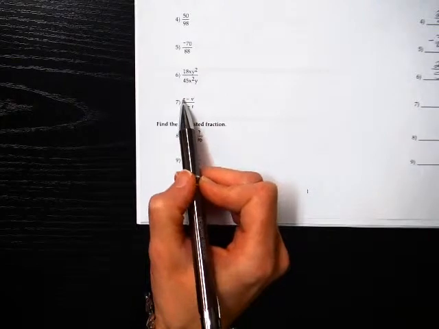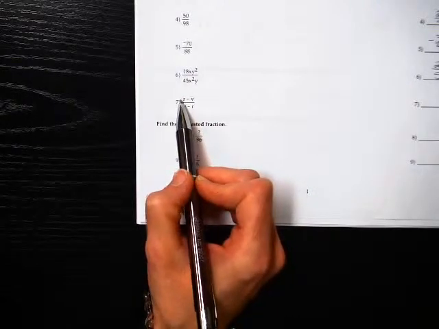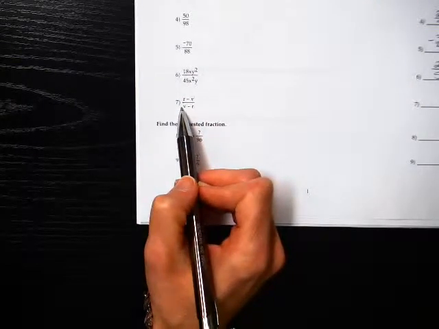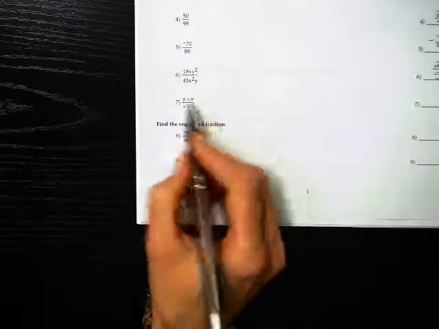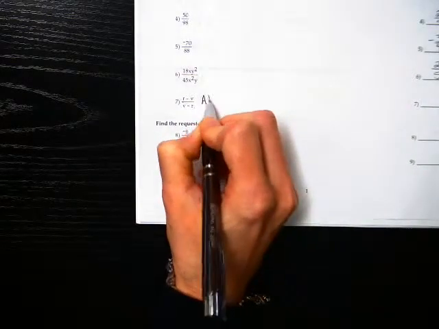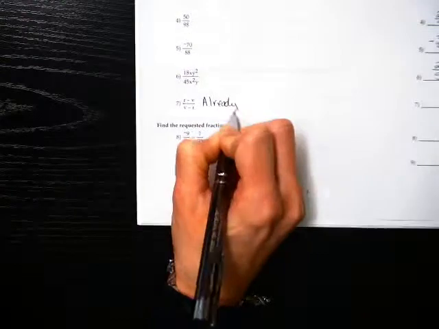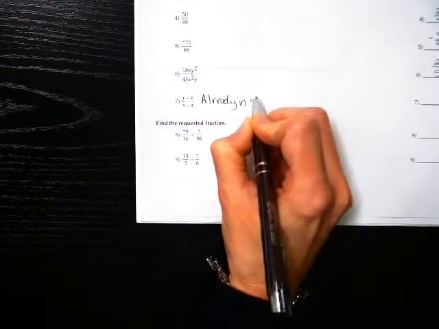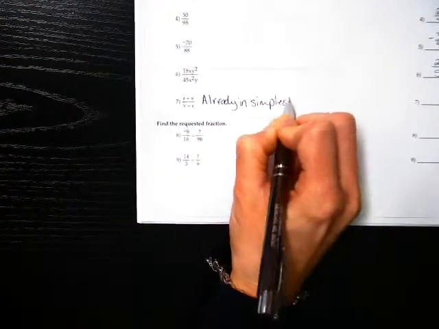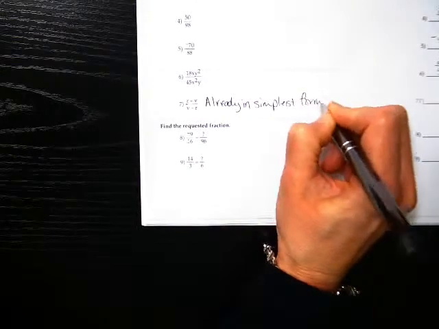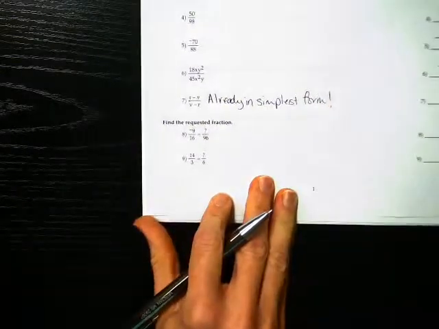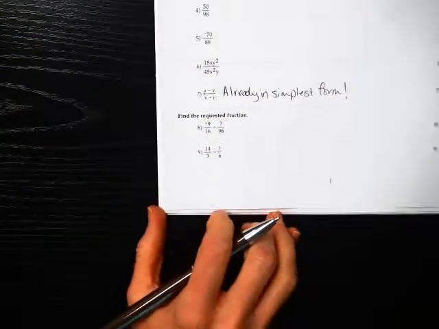I would have had to have been able to factor out a V on the top and a V on the bottom for that to reduce, and the same thing for the R's. So this one is already in simplest form. There is nothing else that you can do to that, okay? So you cannot simplify that anymore on number 7.